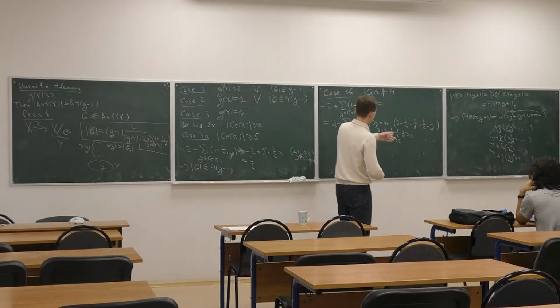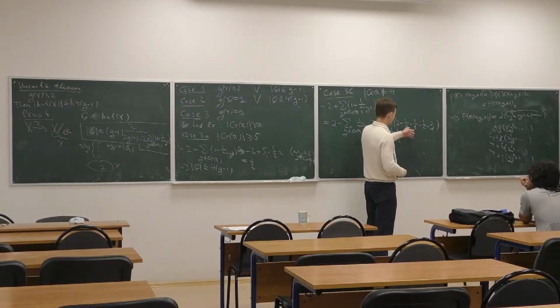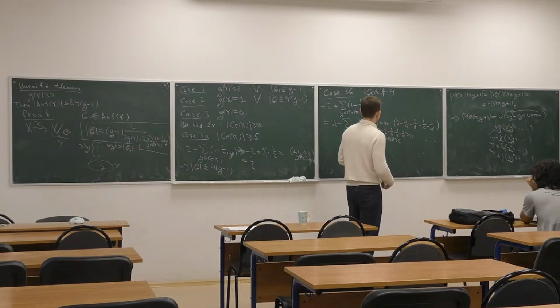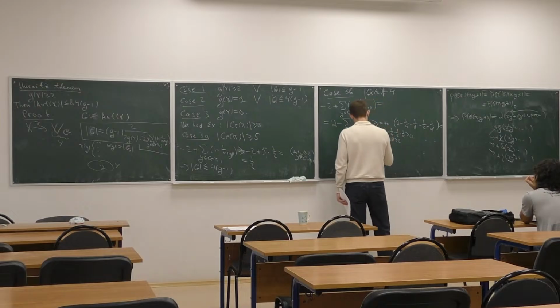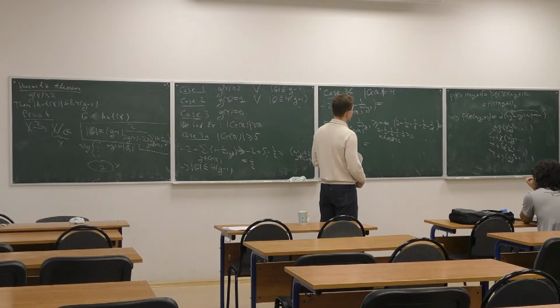So in particular, you could think that you can write a equals b equals c equals d equals 2, but then you get 0, which is not allowed. So what is the minimum of this expression under such conditions?